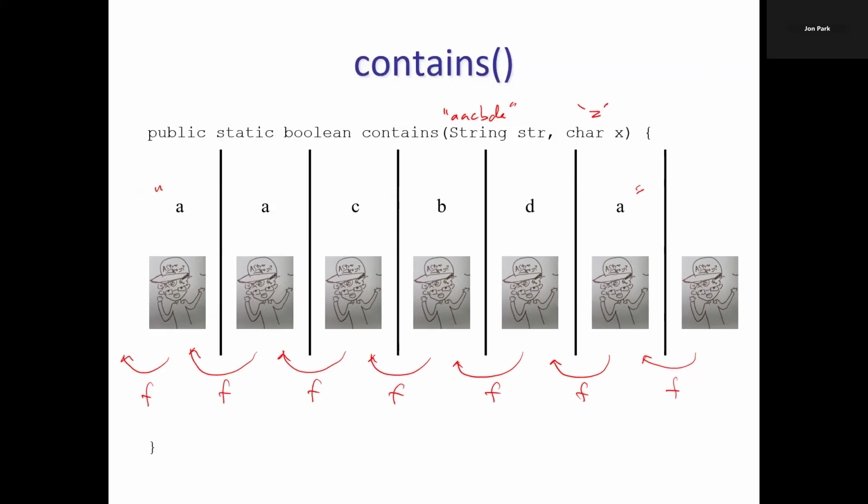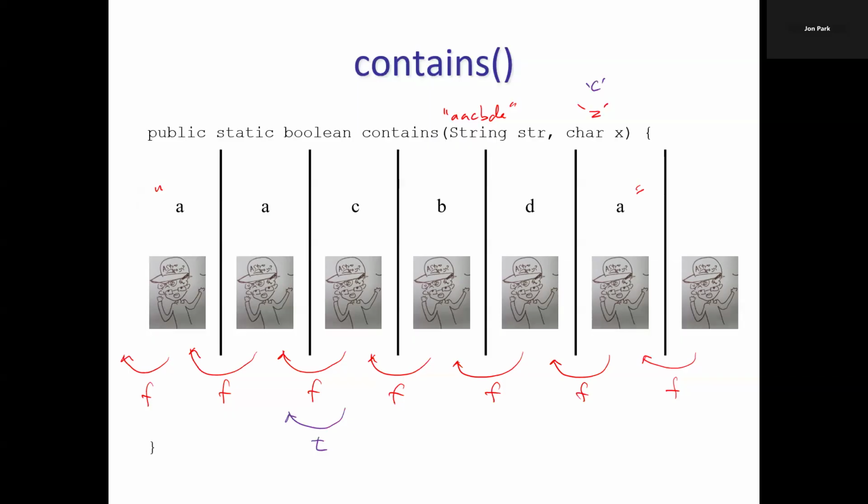What if the input is something that's actually in the string, say C? What would it look like? When you get to this point, this clone will say, well, I do see a C. So it returns true right away without making a recursive call.